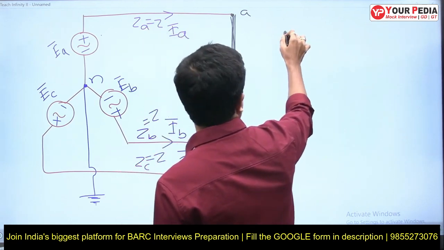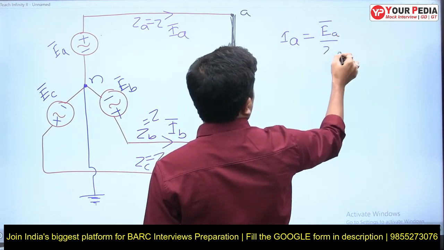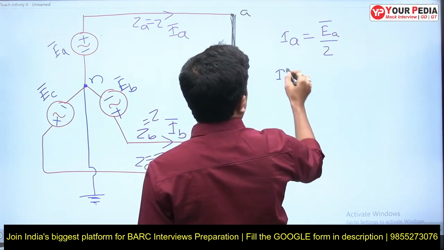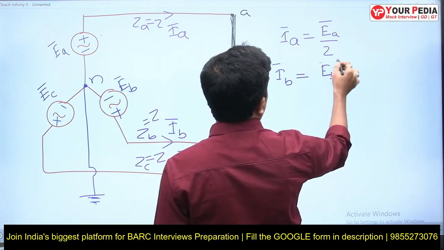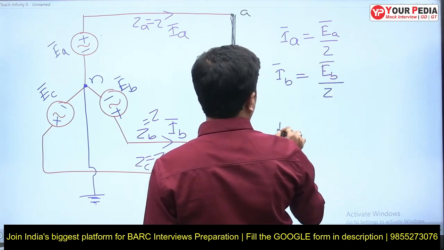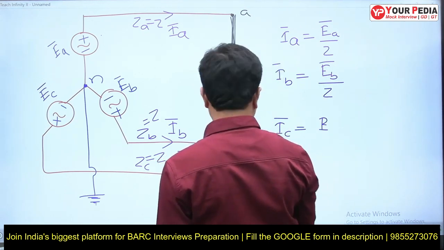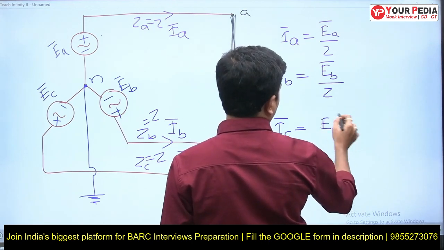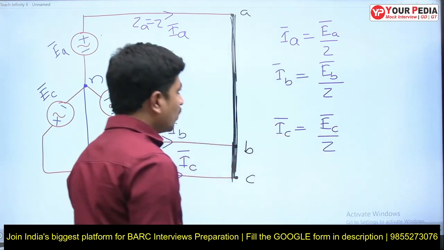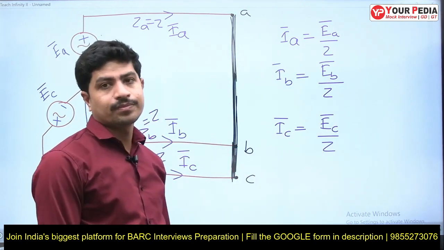Now, what is IA? IA is equal to EA by Z. And IB is equal to EB by Z. IC is equal to EC by Z. Now, if you observe, IA, IB, IC are balanced currents.